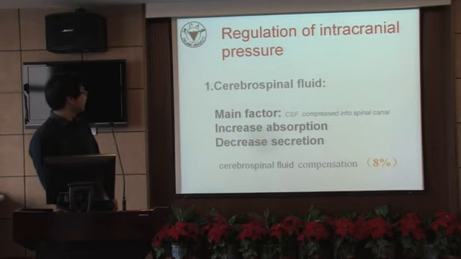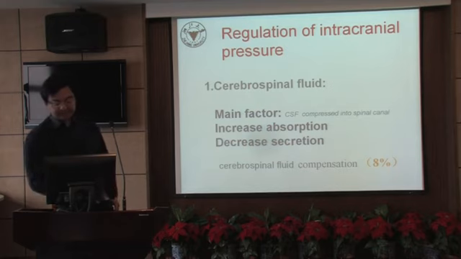Meanwhile, absorption increases. And also, the cerebrospinal fluid is compressed into the spinal canal. So with this regulation, intracranial hypertension will be decreased or regulated. So the first regulation is cerebrospinal fluid.